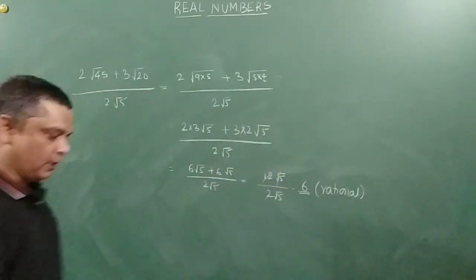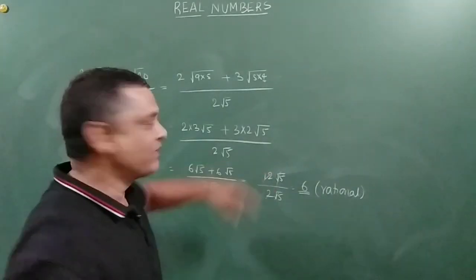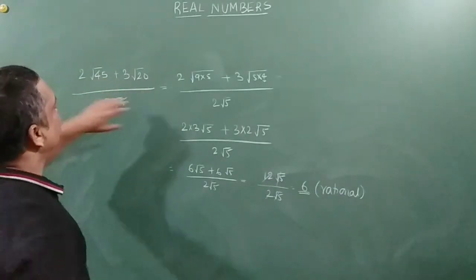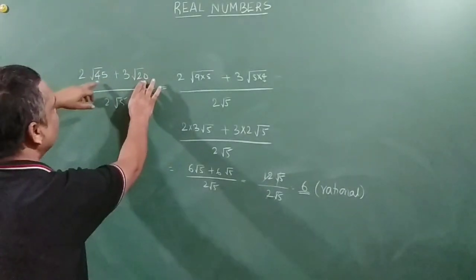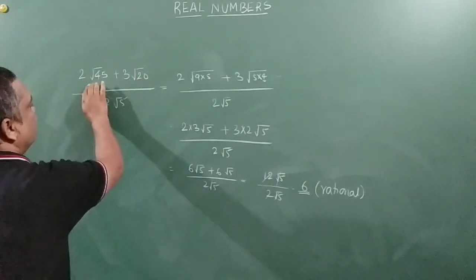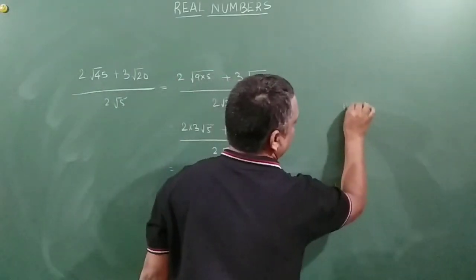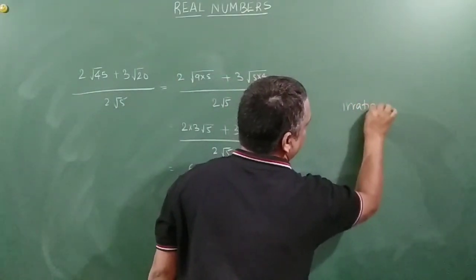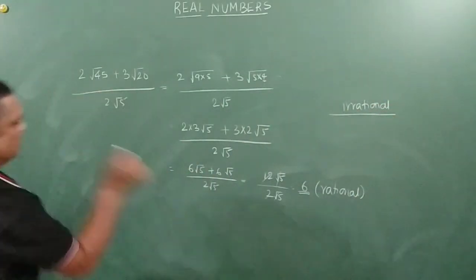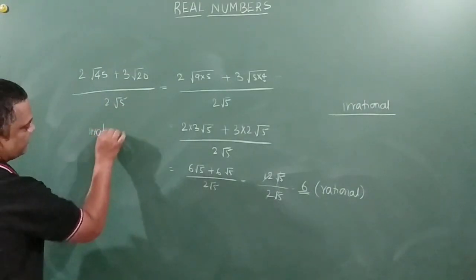Right? Now come back to those 4-5 lines which I had written here, different conditions. Okay, so friends, this is an irrational number because one root 5 is involved here and one root 5 is involved here, correct? So irrational plus irrational is equal to irrational. Because what did I say to you?